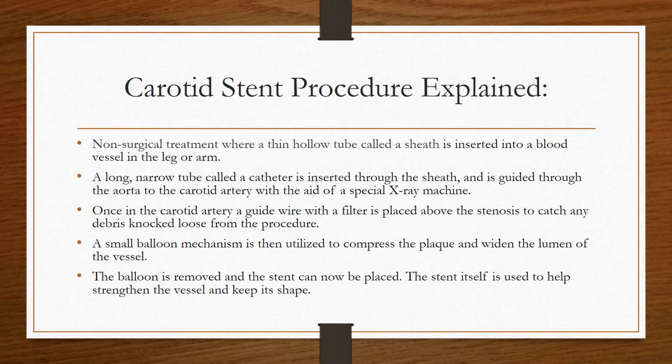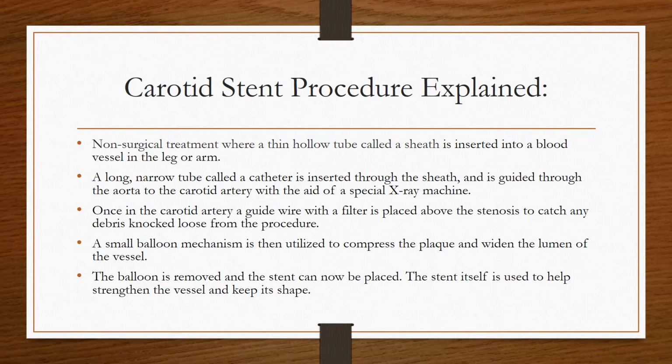Once in the carotid artery, a guide wire with a filter is placed above the stenosis. This is used to catch any loose debris that may have been knocked from the procedure. And this is just a safety thing to make sure that it doesn't travel into the brain.